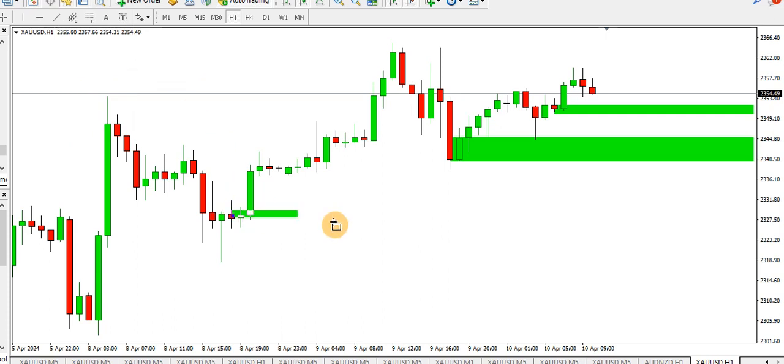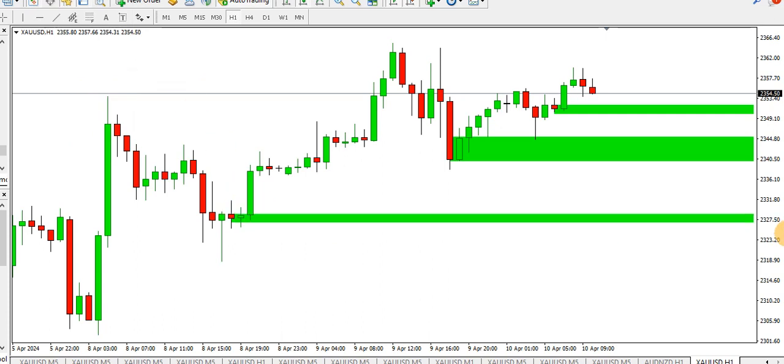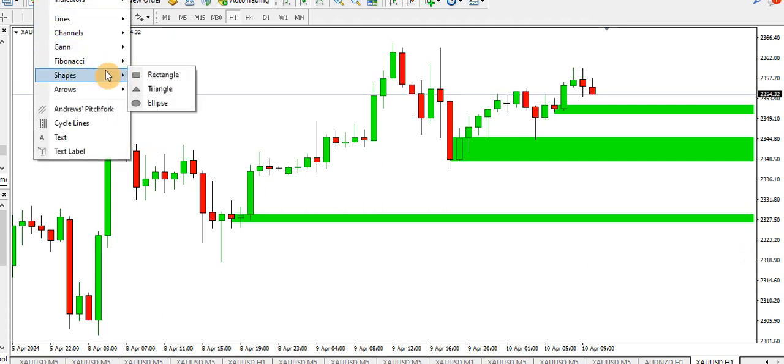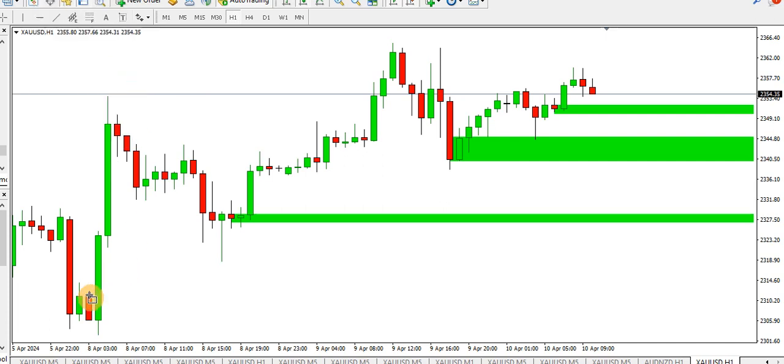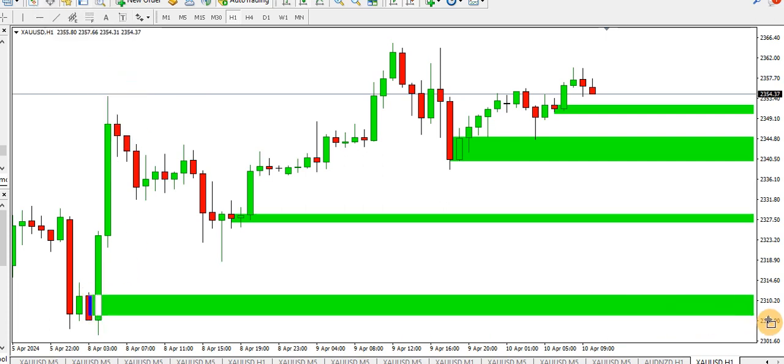There's another block around here, which is at 2328 level. We have another one around here, which is at 2309 level. So we have quite a number of other blocks, demand levels where buyers might come in.